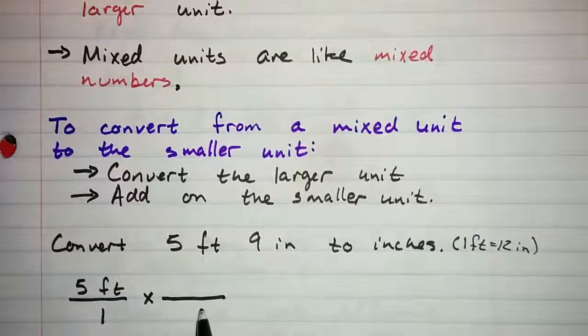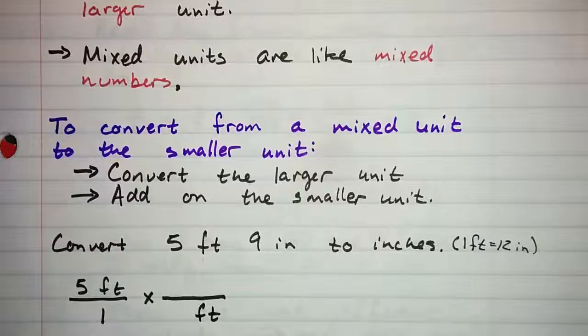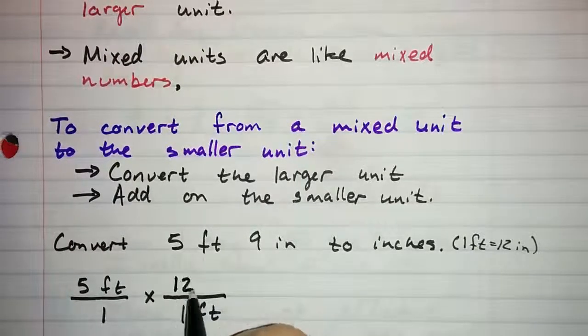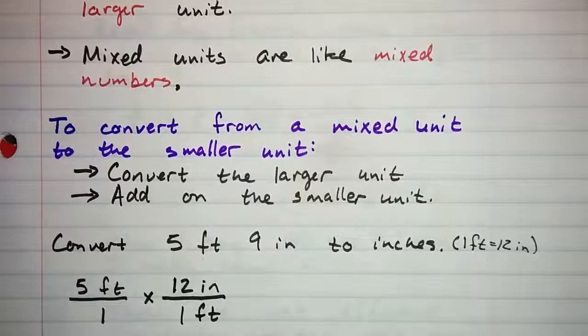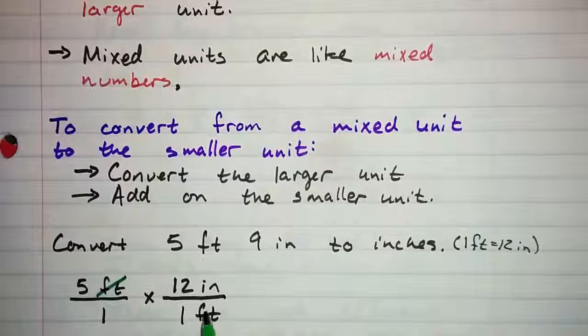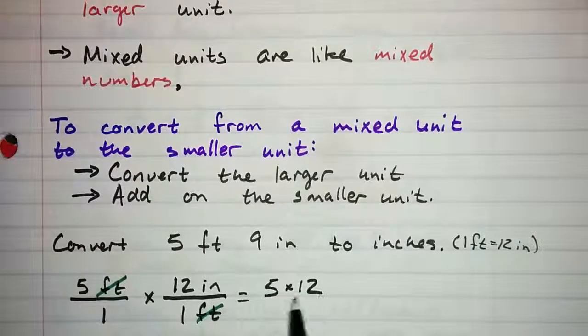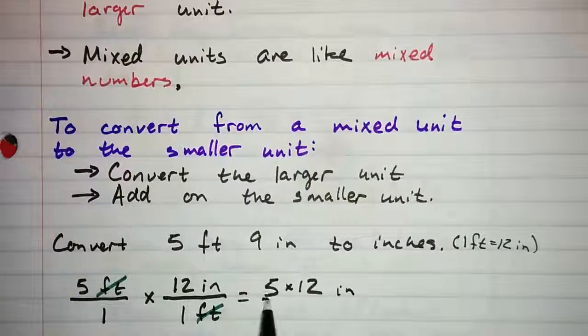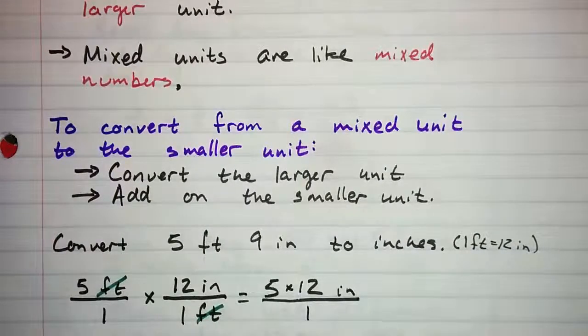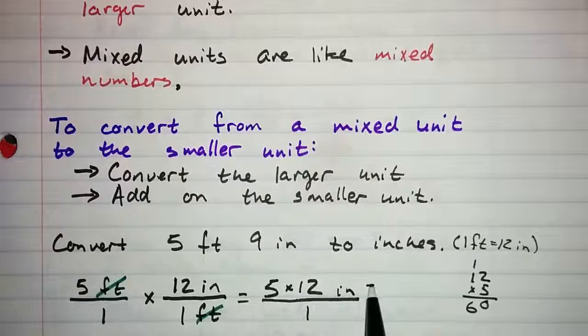And so we want to get rid of feet, so we'll have 1 foot in the denominator, 12 inches in the numerator. We notice that feet do indeed cancel, and so we'll be left with 5 times 12 inches over 1, multiplying, and I get 60 inches.